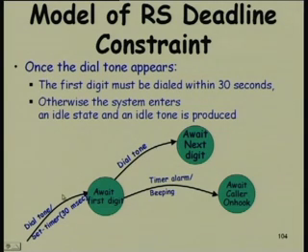Dial tone has been produced and that is why it has entered first digit, and once the first digit appears, it should go to await next digit. If the first digit is not dialed and 30 seconds have passed, then the timer alarm event will occur, and it will produce beeping until the caller replaces the handset.